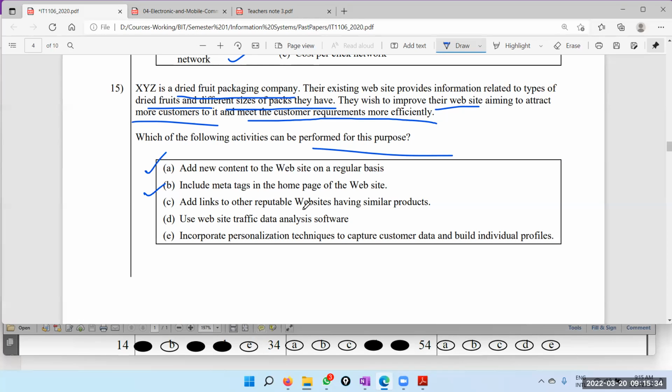Add links to the reputable websites having similar products. So that is debatable thing. Right? In websites, if you have a lot of links, in a way that is bad for your website for two reasons. One reason, people may go out of your website by clicking a link.